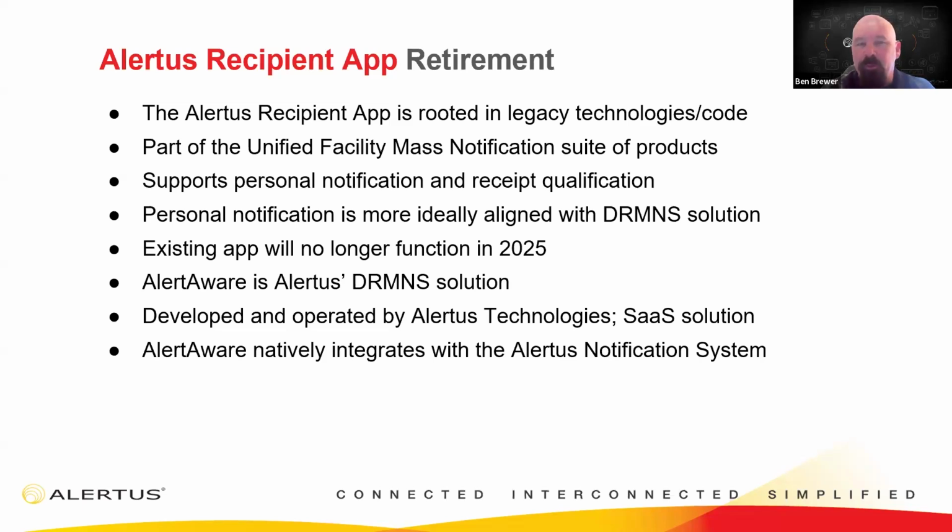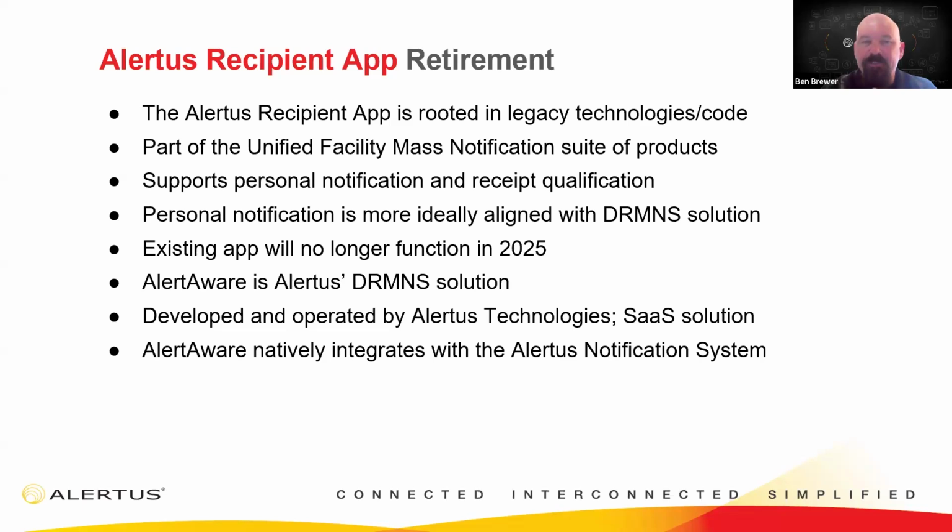But one of the questions that I do get frequently with regard to AlertAware, because it is not necessarily something that is on the tip of our tongues in conversation with existing Alertus customers, because we respect the fact that many of them already have a third-party DRMNS solution. So AlertAware's been kind of flying underneath the radar for a large percentage of our customer base.